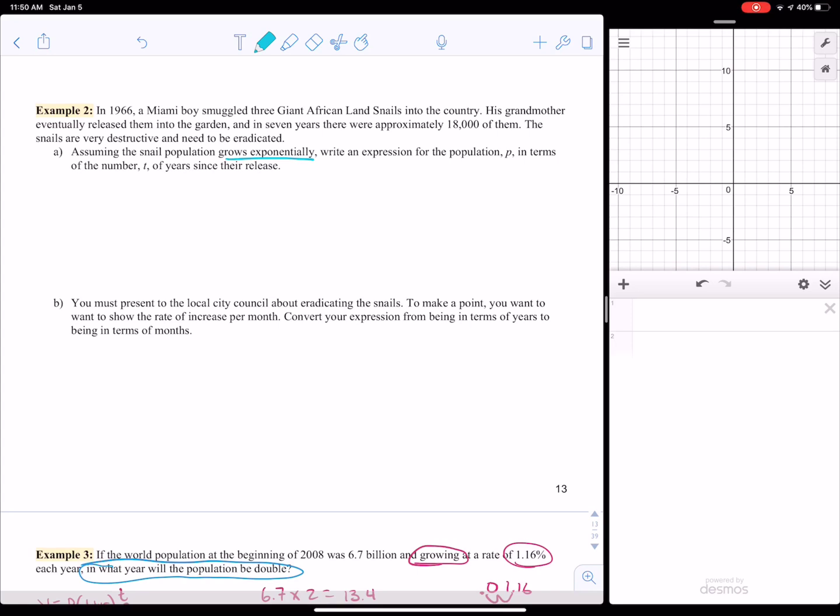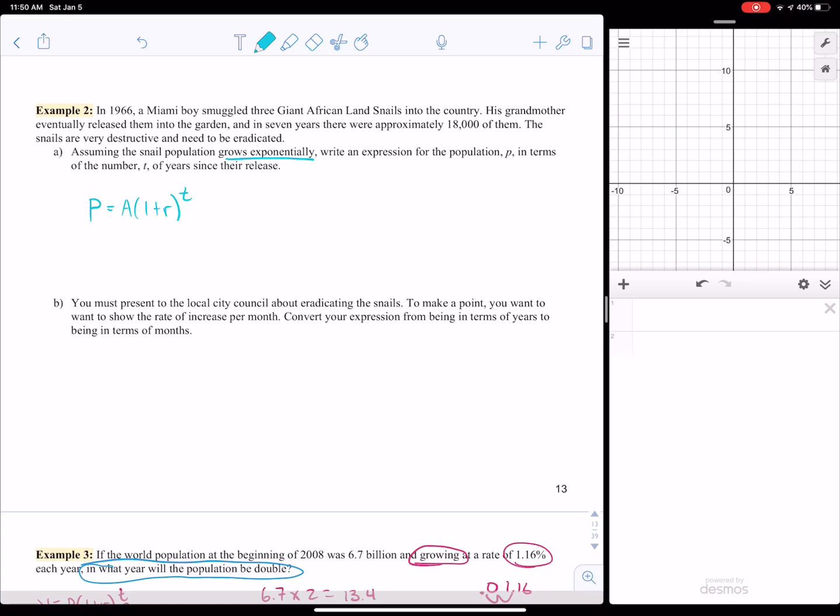So exponential growth, if P is our population and T is our time, then we need to say P would equal the initial amount times 1 plus the rate, to the power T. So let's figure out what the rate would be so we could write an expression for the population.